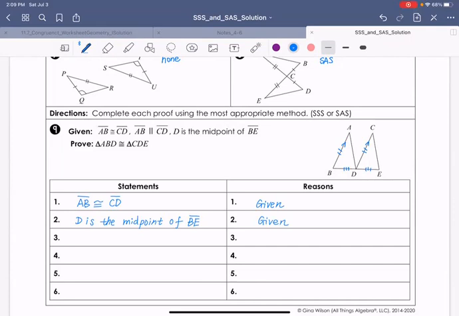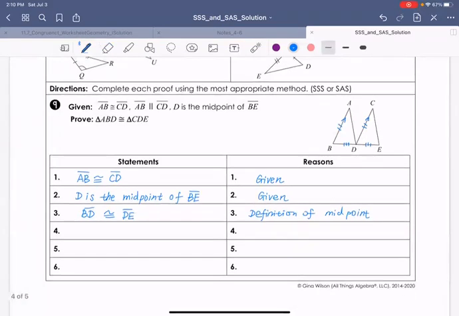Line BD is congruent to line ED. Definition of midpoint. Next. Line AB is congruent to line CD. We already mentioned, right? Oh, sorry, parallel. Okay.